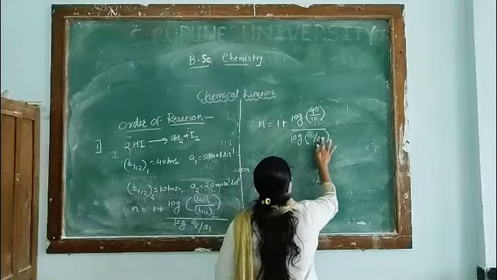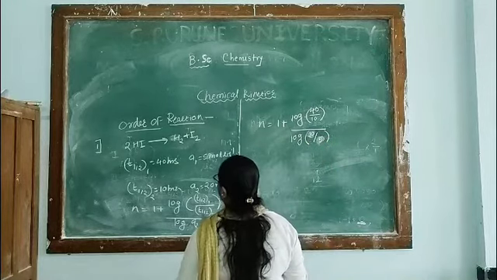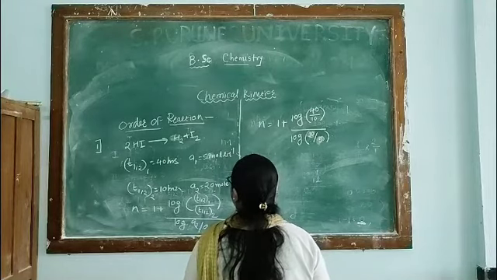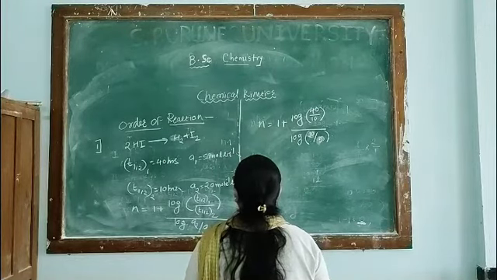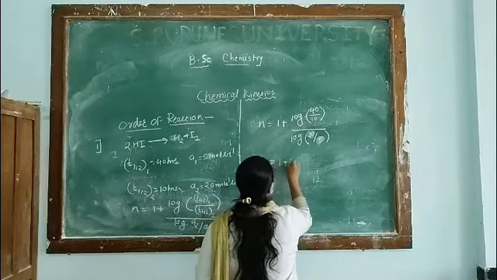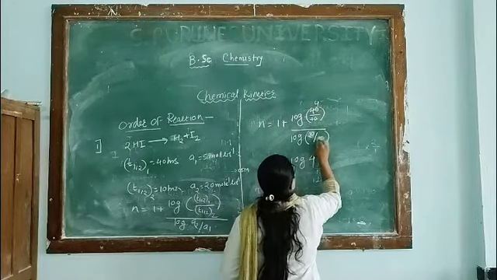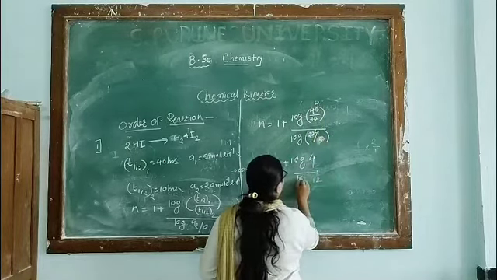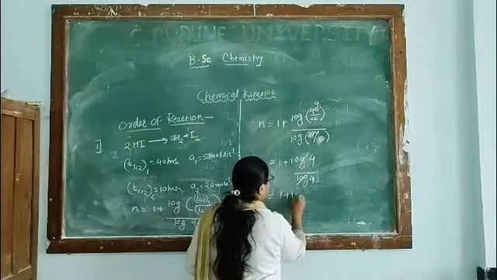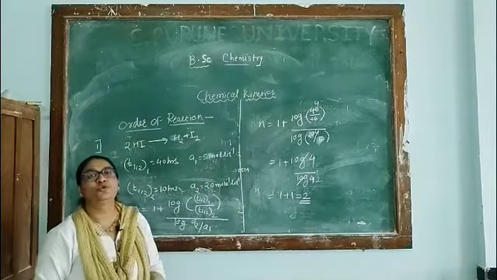Sorry, this is 20 and 5, a2 and a1. 40 divided by 10, correct. So 1 plus log of obviously 4. This is also 4. So log of 4 divided by log of 4, that means 1 plus 1. So the order of this reaction here is nothing but 2.